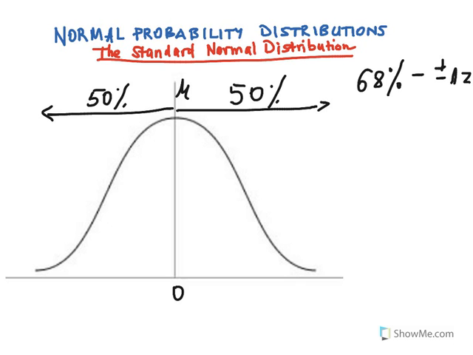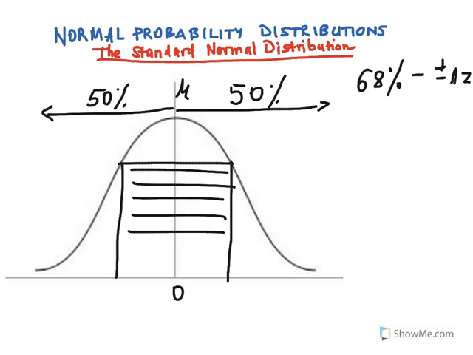So if we have 68% of the cases, these 68% here will fall between 1.00 z and minus 1.00, because that's the standard score z. So if this is 68%, then we have 34% on this side and 34% on this other side.